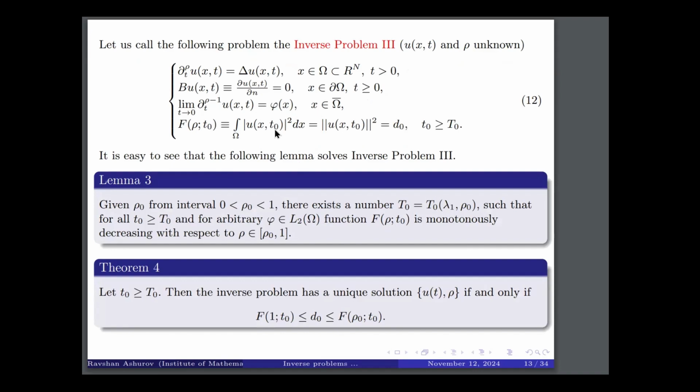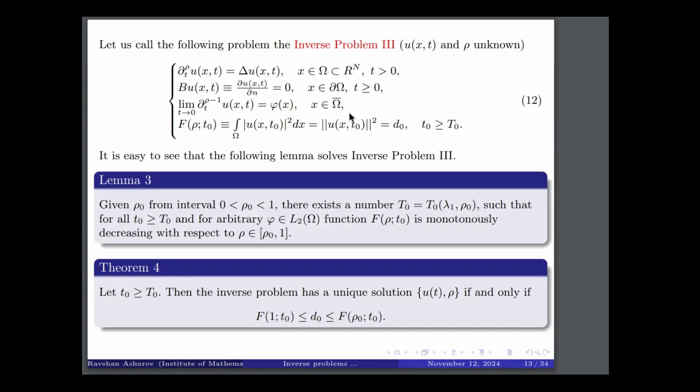This is just the norm of the solution of this equation at fixed time t0, as it was an open problem in the survey paper. So if you have this norm d0, then you can solve this inverse problem, that is, you can find this rho.